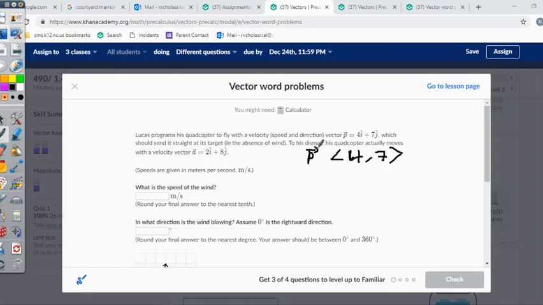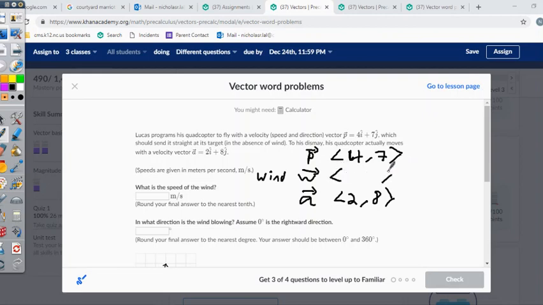All right, to his dismay, the quadcopter actually moved with a velocity of a, which had a horizontal component of 2 and a vertical component of 8. So what Lucas did not account for was vector W, which is the wind. And so we need to find out what's the component form of the wind.